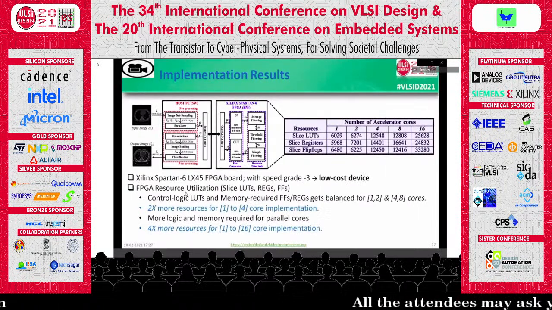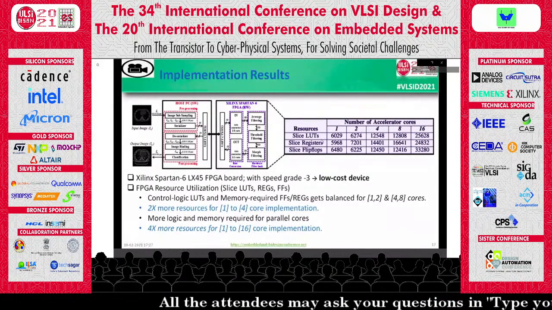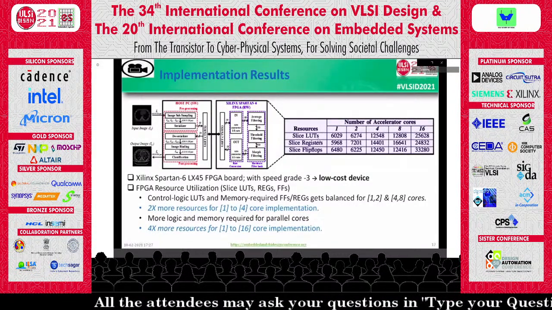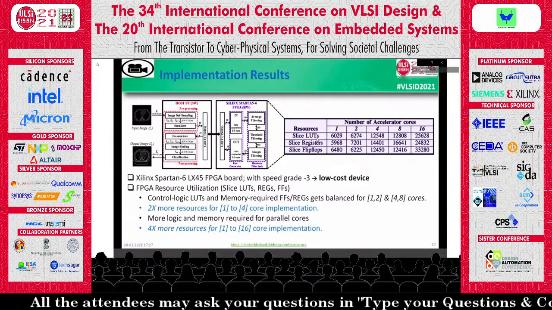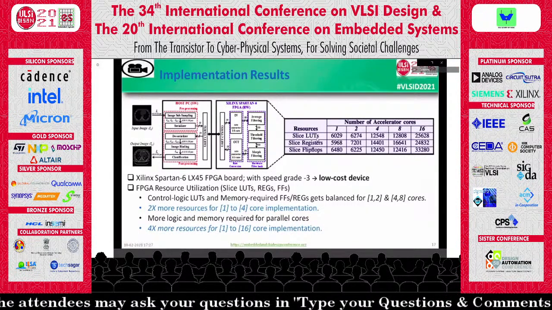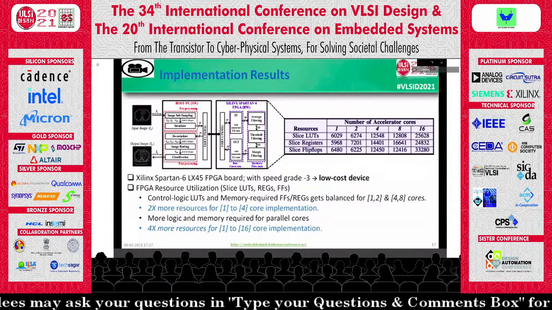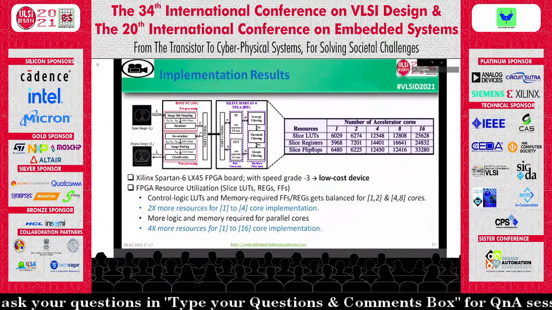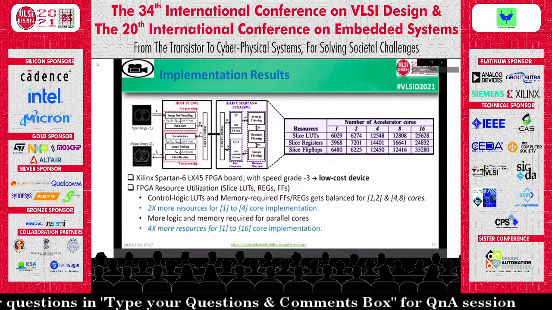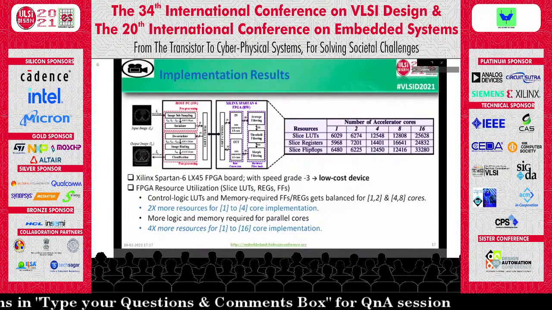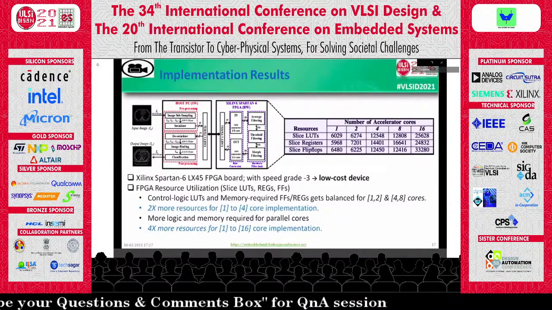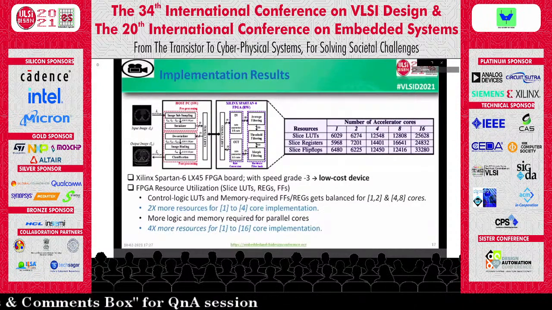So these are the implementation results. This table shows the resources used with respect to the number of accelerators. As we can see, the number of slice LUTs used with respect to the accelerator cores, and the number of cores used in this table are 1, 2, 4, 8, and 16.